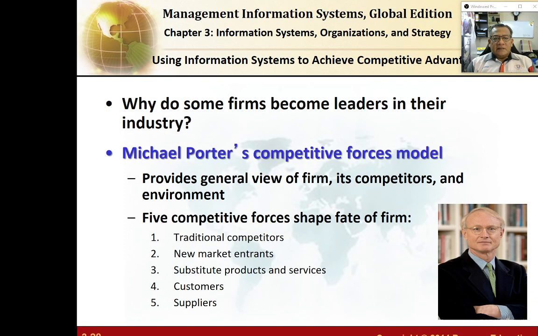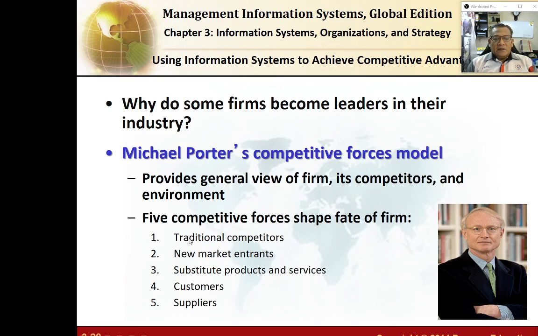Okay, we are moving on. Let's take a look at the business model proposed by Professor Michael Porter of Harvard, called the competitive forces model, or five competitive forces model. Under this proposal, Michael Porter proposed there are five strong forces that shape the company, in our discussion, with respect to IT information systems.